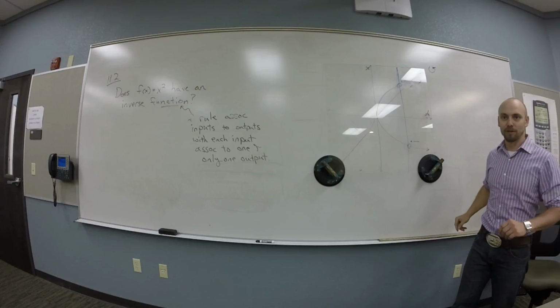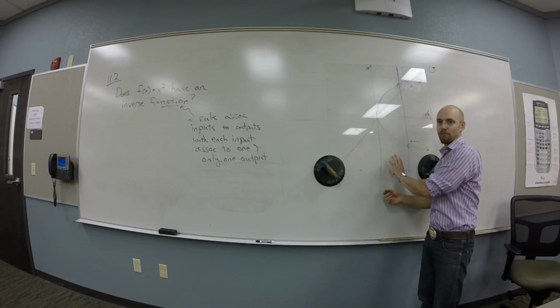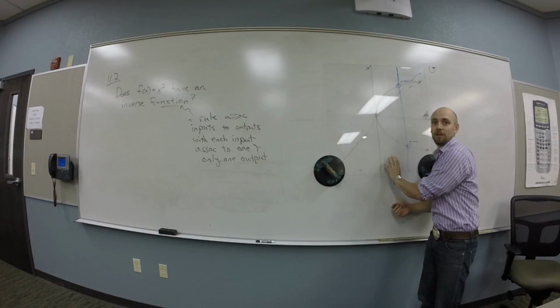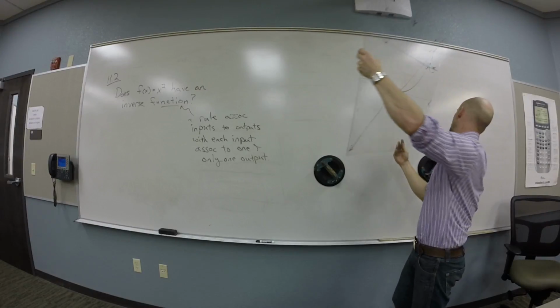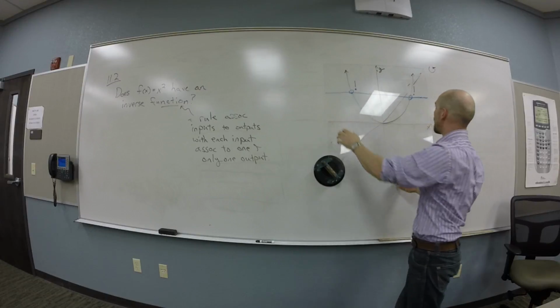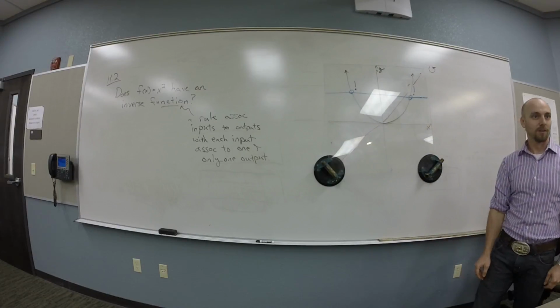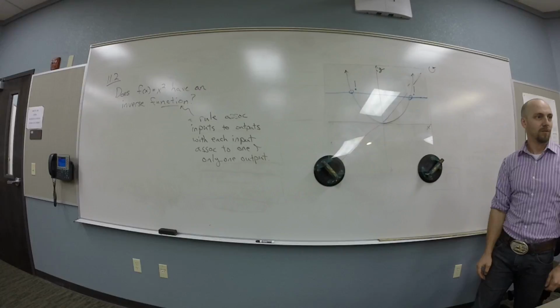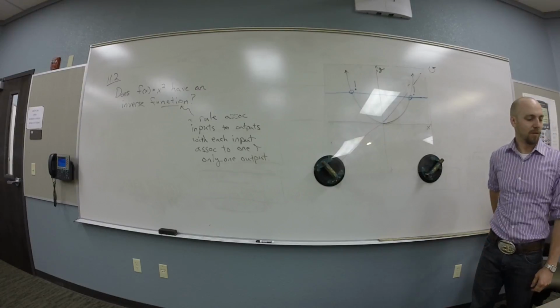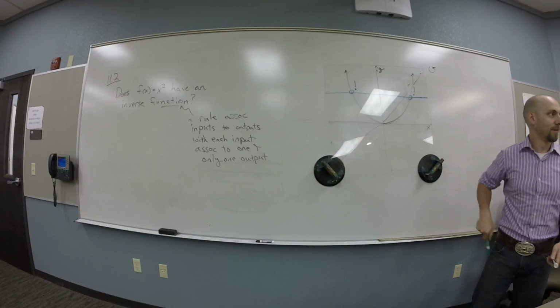You see what those are supposed to be? So let me go back to the original. What did my vertical line turn into? Horizontal line.